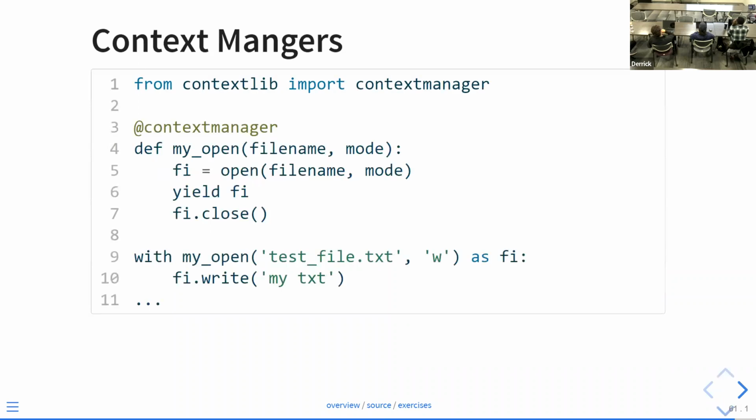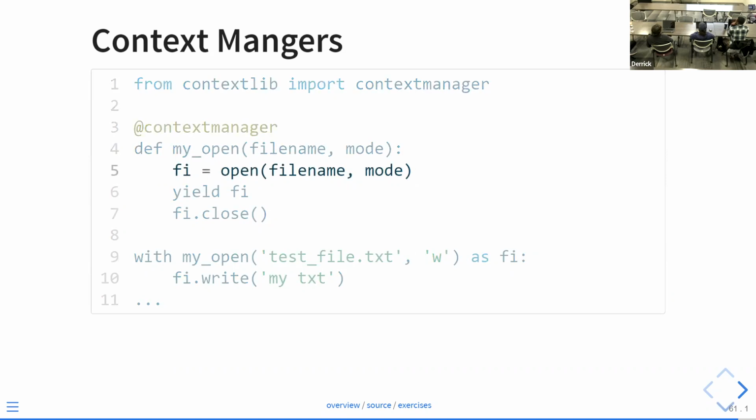So these are actually quite easy to write. So you just import contextmanager from contextlib. And then everything that happens, let's see, I think I highlighted it, yeah. So we have the decorator, we have our function. So we're going to do our setup here. Yield is going to be whatever you assign to as the as variable.